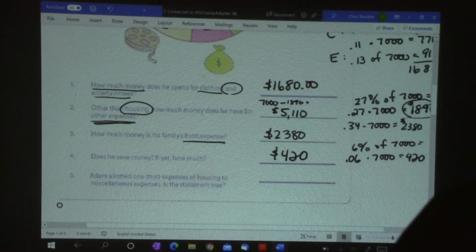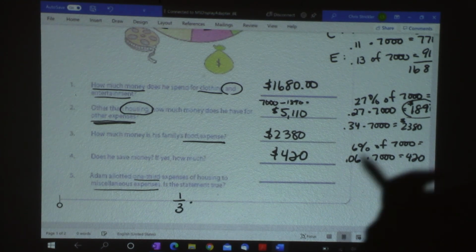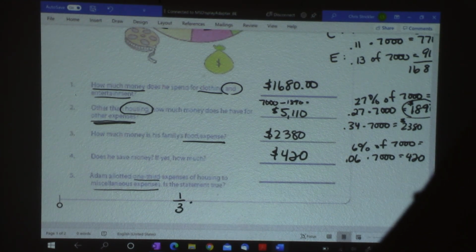The last question is, Adam allotted 1/3 the expense of housing to miscellaneous expenses. Is this statement true? Well, let's see. What is 1/3 of housing?